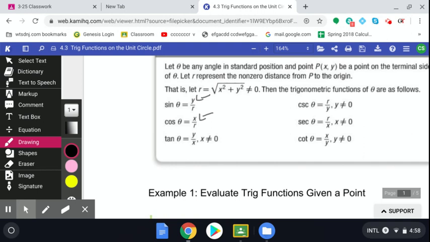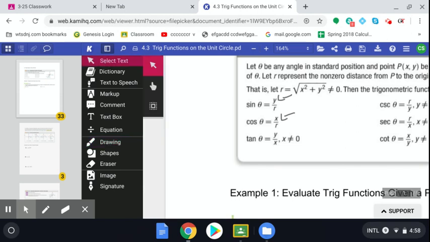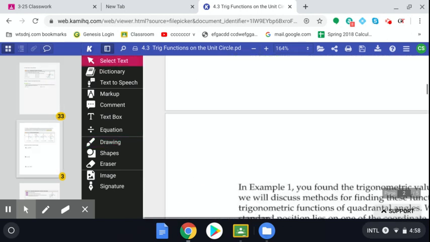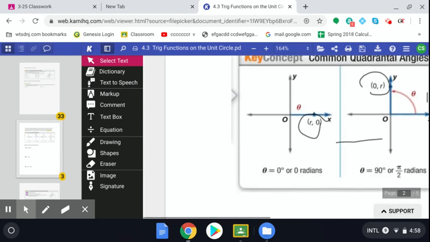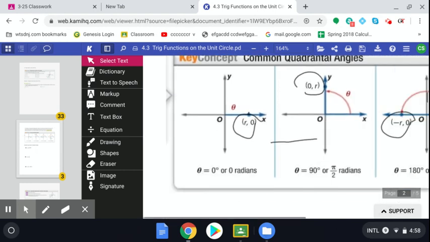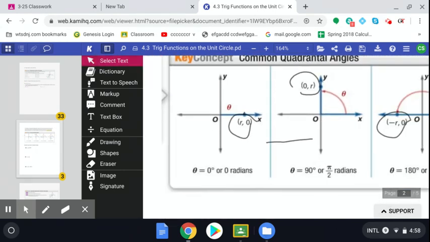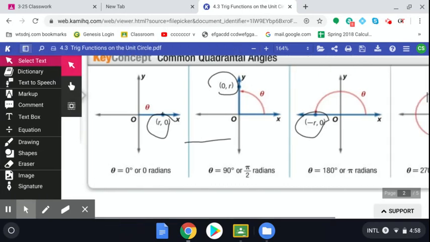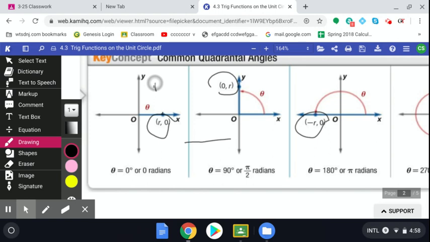So if I were to tell you that the radius here is 1, I don't really want to get ahead of myself, but let's say that the radius is 1.